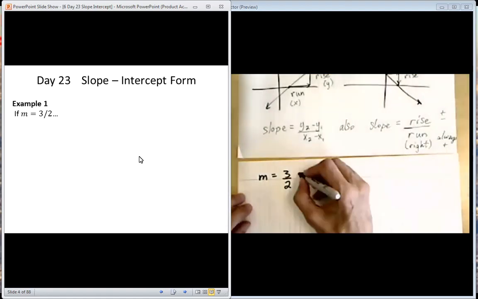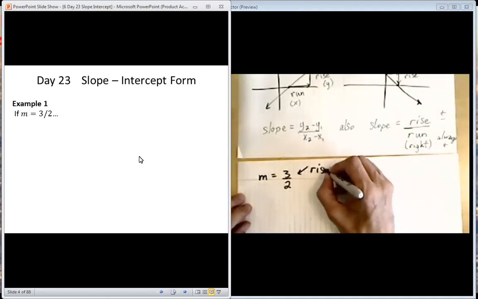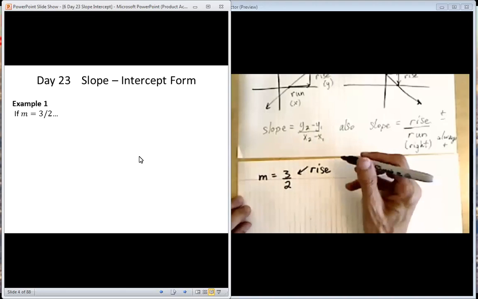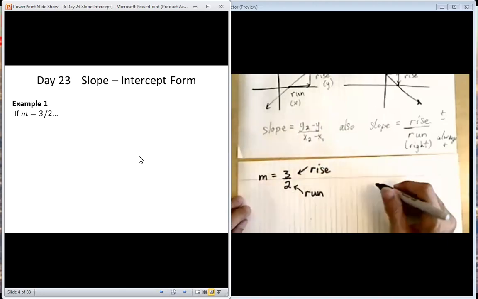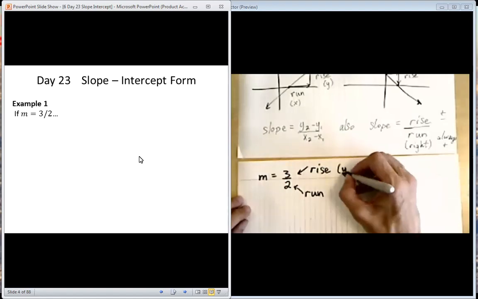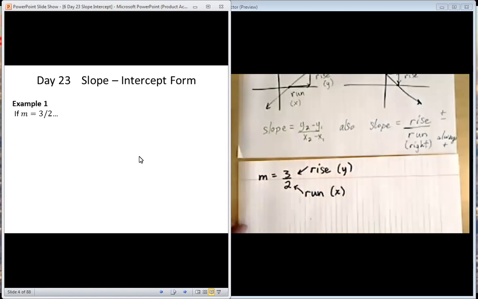So this number here represents the rise, and this one here represents the run. This is the rise in the y direction, and this is the run in the x direction like that.